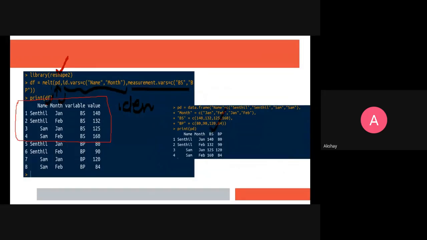So this one is the value for the blood sugar. Okay, and the remaining things are the values of the BP.